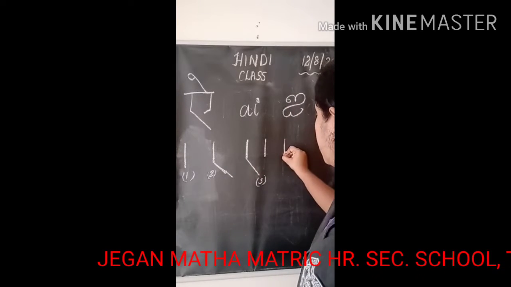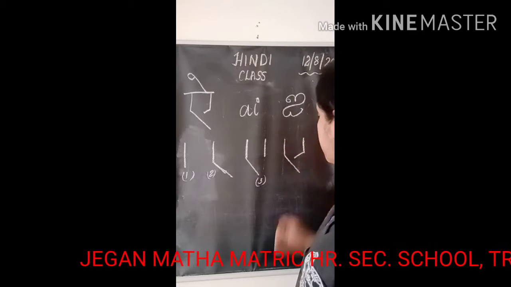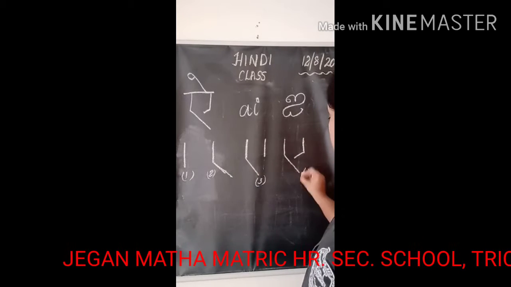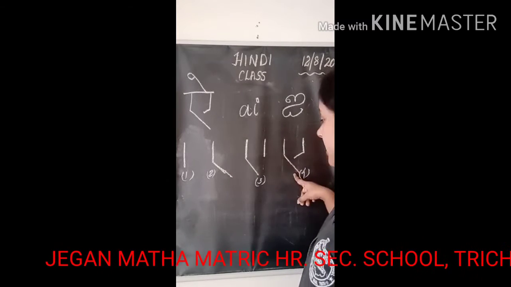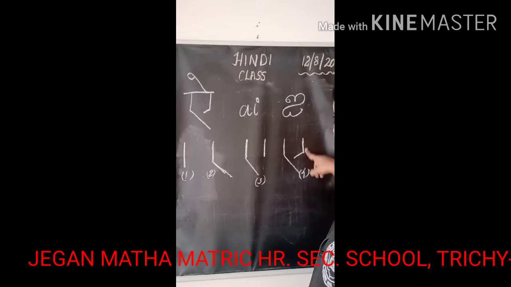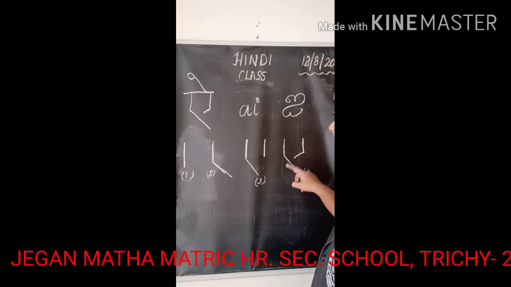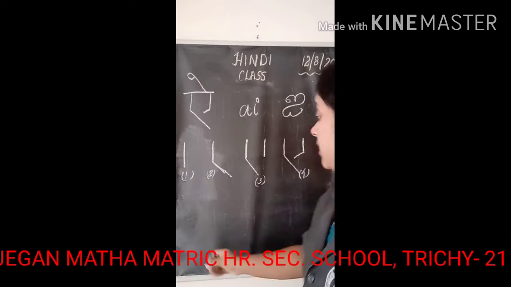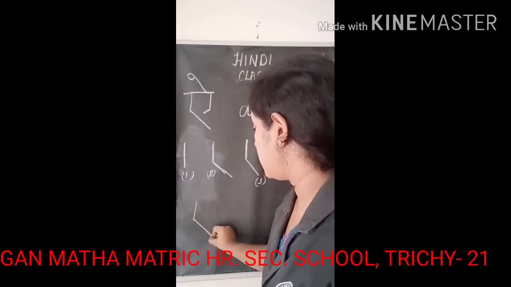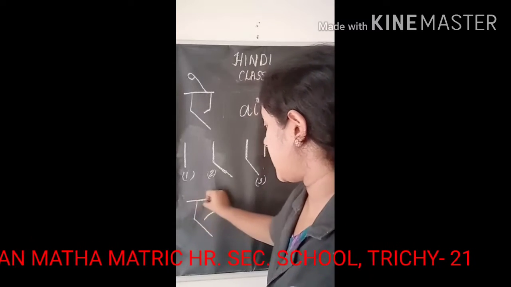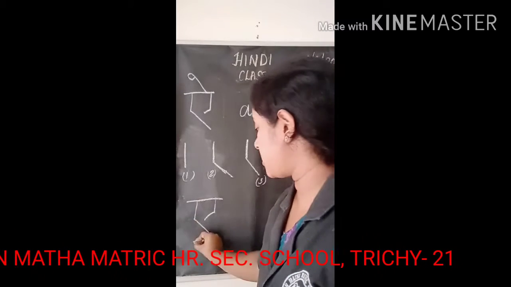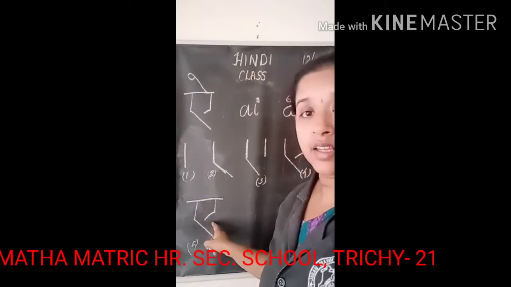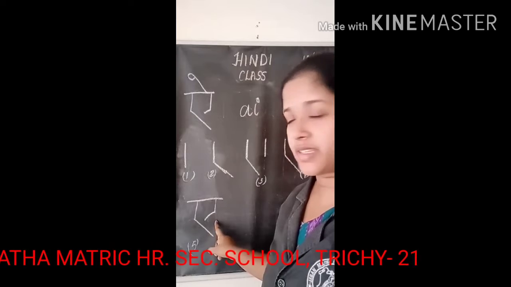Fourth step, one straight line and slanting line, and nearby one again straight line and slanting line which doesn't touch the first slanting line. Then the fifth step, the sleeping line. So this is the swar A, isn't it?